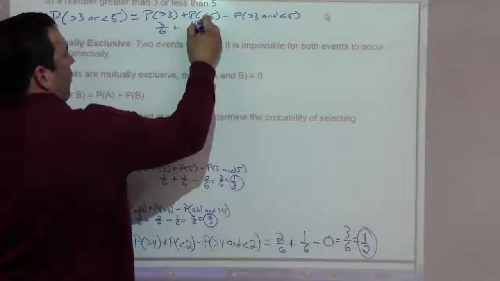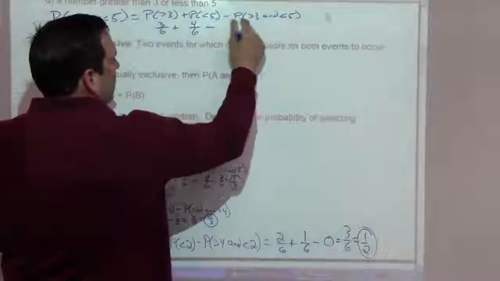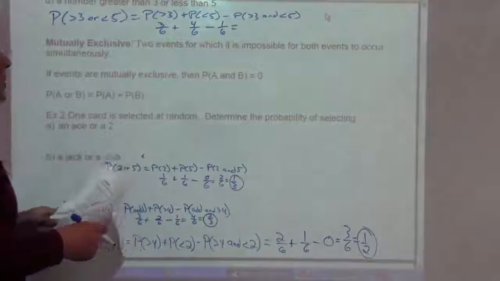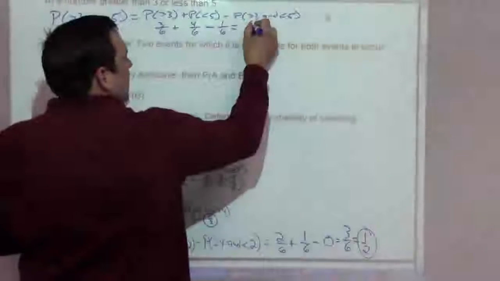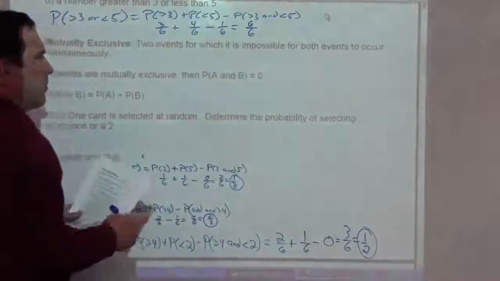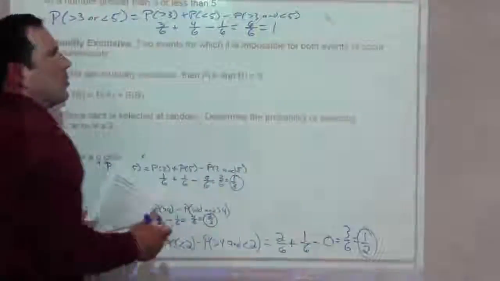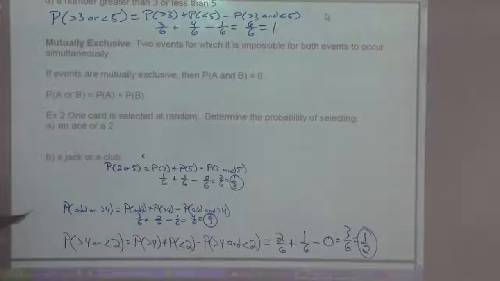There's 4 numbers less than 5 out of 6, and there's 1 number bigger than 3 and less than 5. That's number 4. So 3 plus 4 is 7, minus 1 is 6 over 6, which is 1. So you're guaranteed, when you roll a die, to get a number bigger than 3 or less than 5.